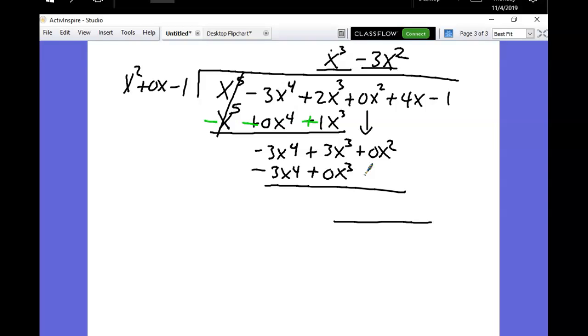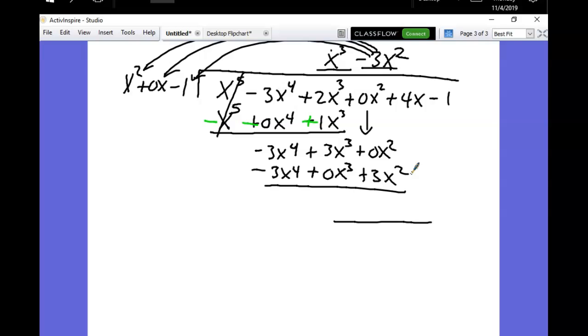No. So this times this gives me that, right? This times this gives me that. And now we do this times this. So what's negative 3x squared times negative 1? It's positive 3x squared. All right.